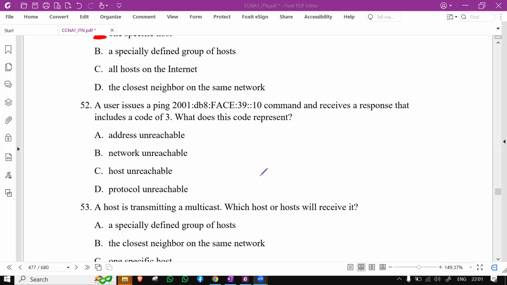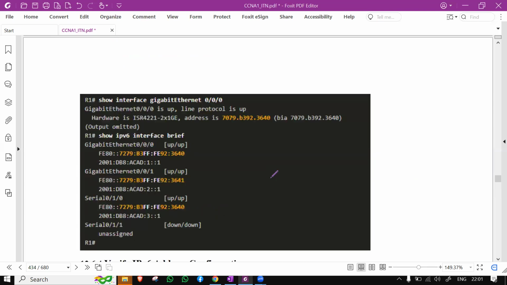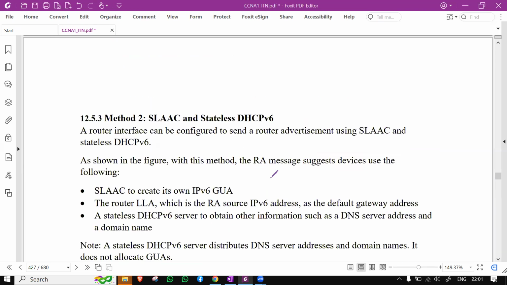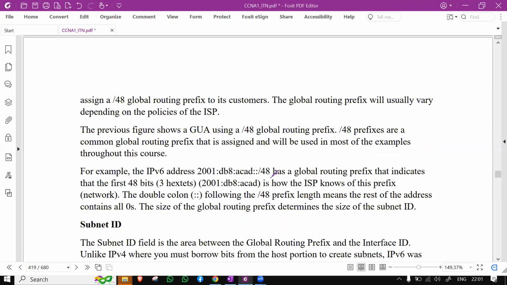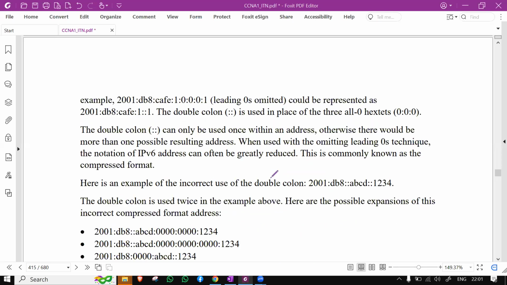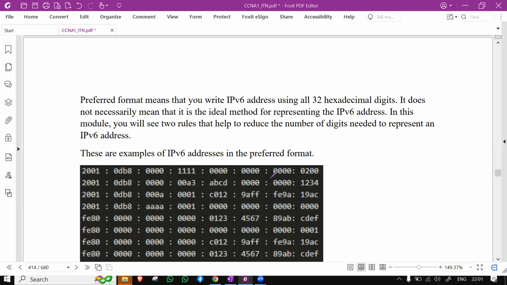Yeah, let's confirm. I want them to stick in my head as well. This is 13 and 12.